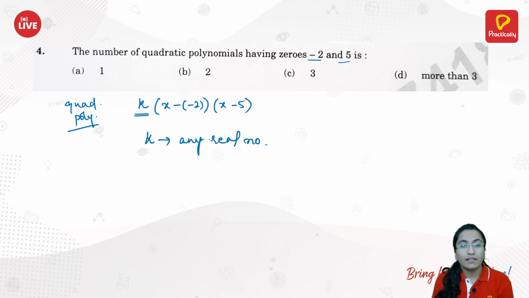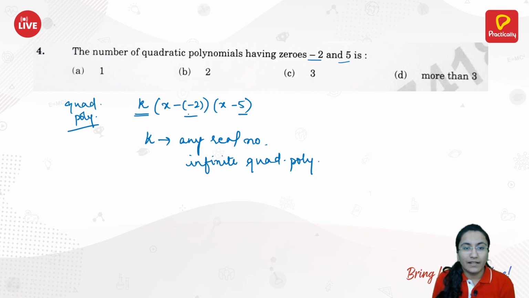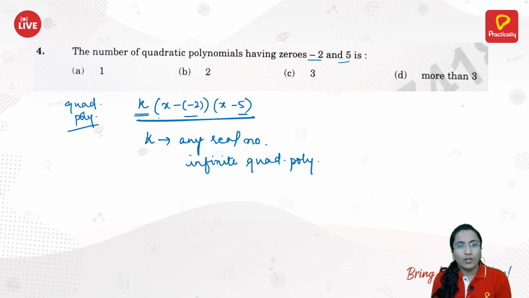That means we can form infinite quadratic polynomials which have zeros as -2 and 5, right? By writing this equation and inputting any value of k, you will get another quadratic polynomial. As you change the value of k, the quadratic polynomial changes, but the zeros remain the same. So you have more than 3 as the correct answer, because you have infinite such quadratic polynomials.